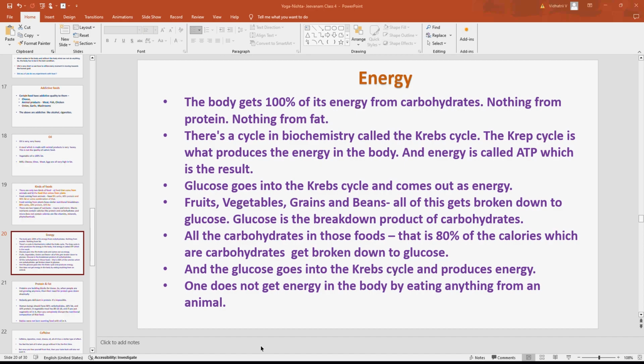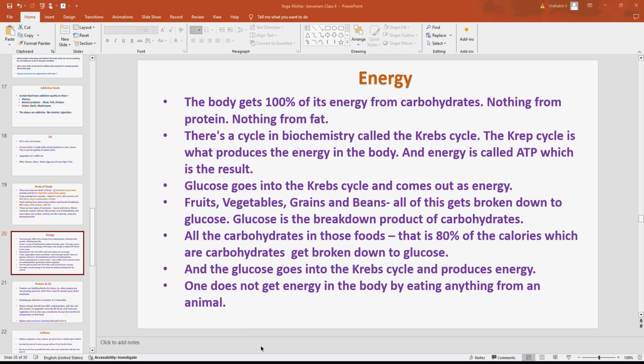And how does this glucose come? The glucose comes from carbohydrates. Glucose is the breakdown product of carbohydrates. All carbohydrates, basically fruits, vegetables, grains and beans, get broken down to glucose. That is 80% of the calories we get from fruits, grains, beans and vegetables.